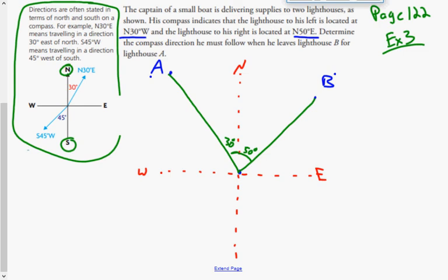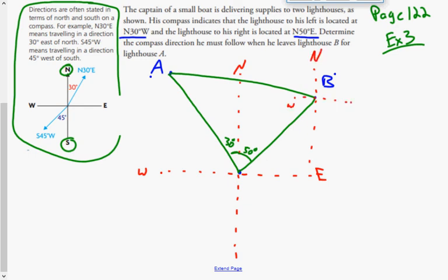And now I want to figure out the compass direction he must follow. So he goes from here to there. What do you mean by the compass direction? Well, when he leaves here, he's going to have to chart a course. And so now when he leaves, this is going to be north.